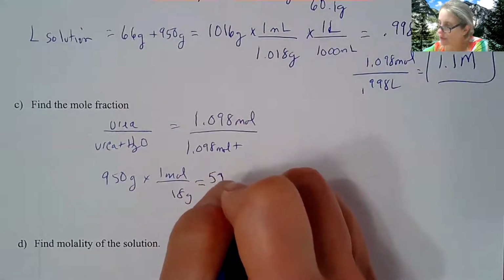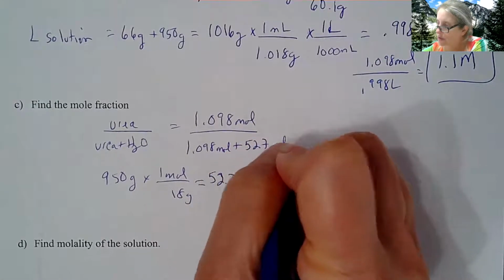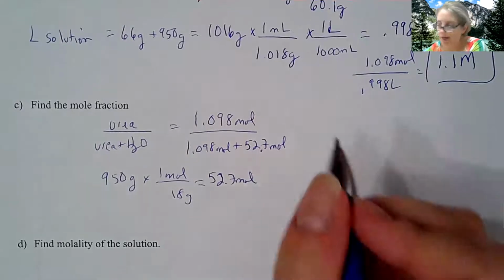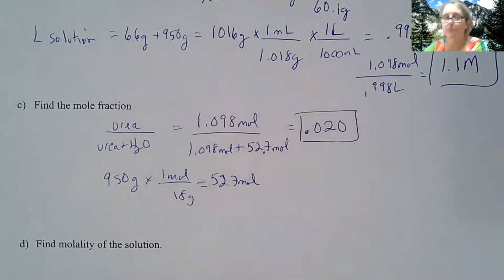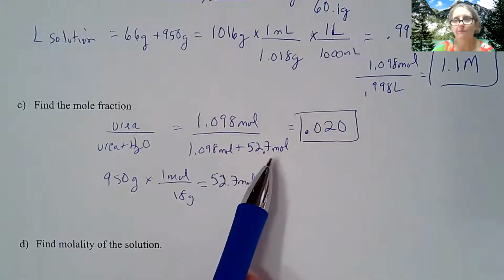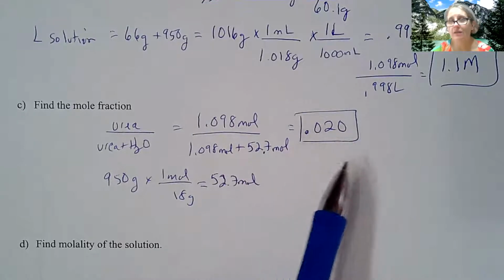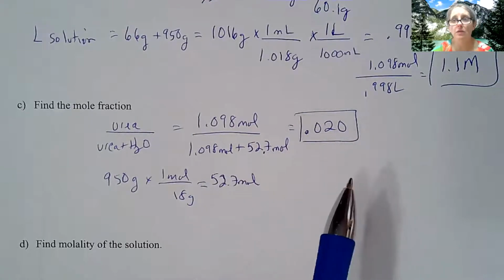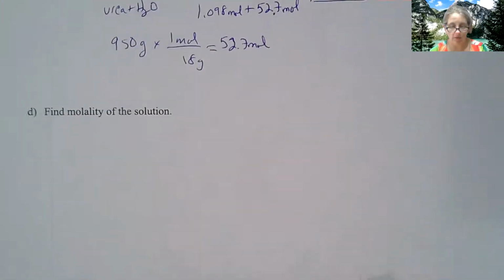So it's 52.7 moles. So I write that there. What you're always going to see with mole fraction with solutions is it's going to be a tiny number, because you're going to have many more moles of the water than you are of anything else that you're dumping in there. So the mole fraction doesn't make a lot of sense for just looking at solutions, but we do use it for another reason.